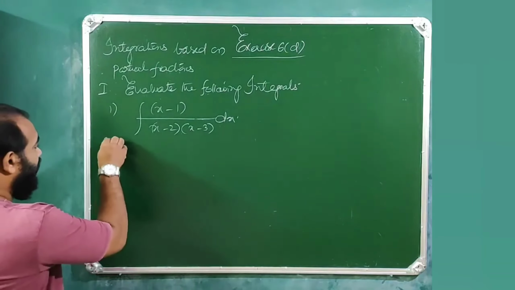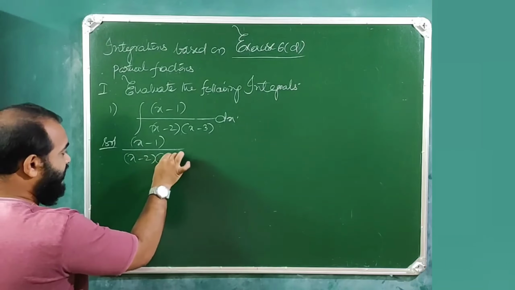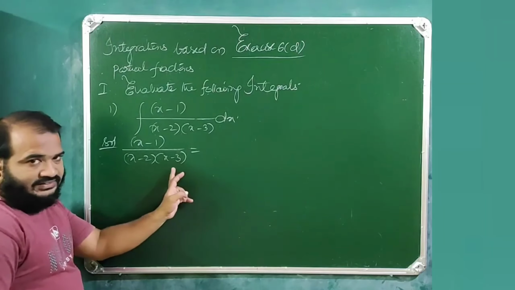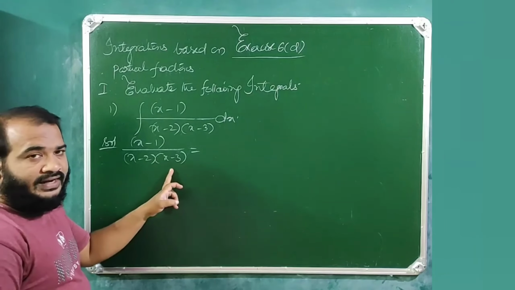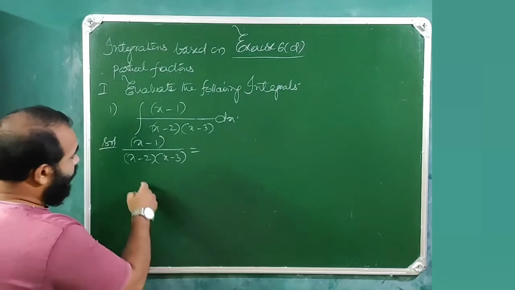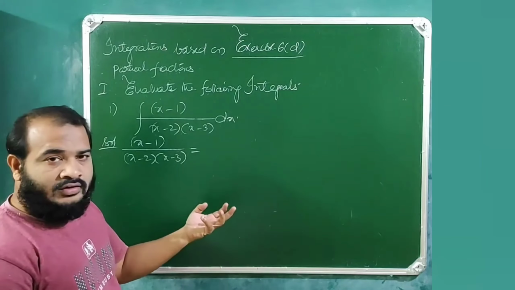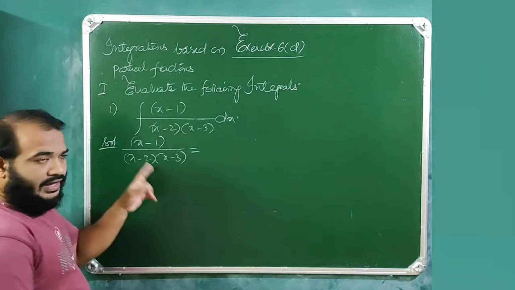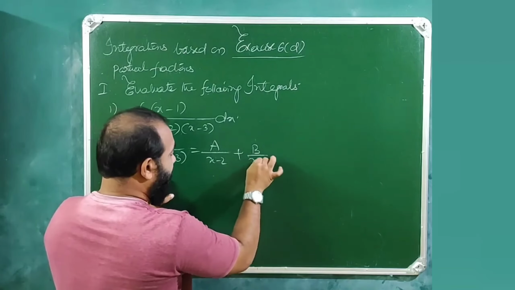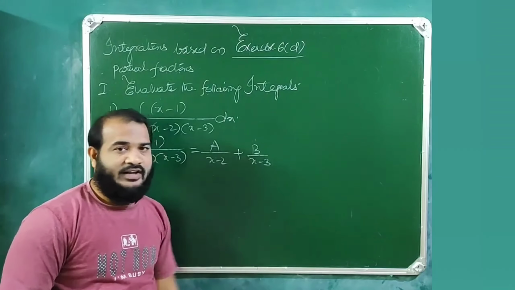So first of all, let us take x minus 1 by x minus 2 into x minus 3. The partial fraction for which is, since the denominator contains the two non-repeated linear factors, for every non-repeated linear factor there corresponds one partial fraction of the form a by x minus 2 plus b by x minus 3, where a and b are the constants which are to be evaluated.